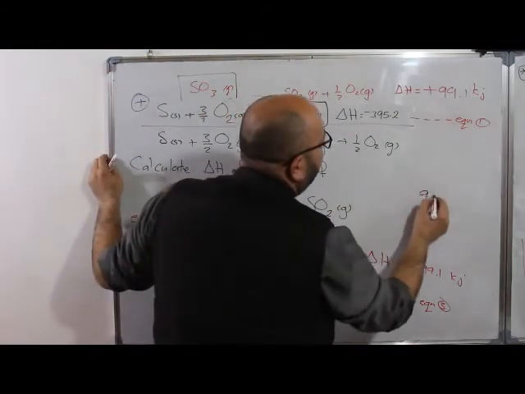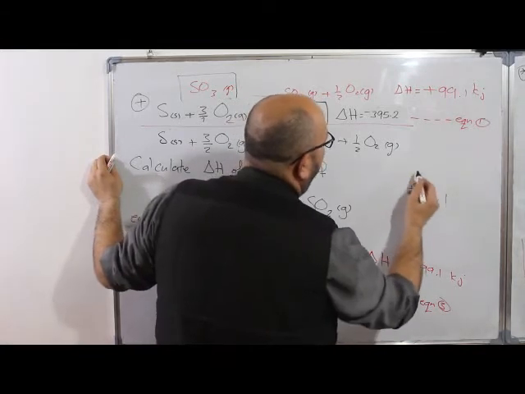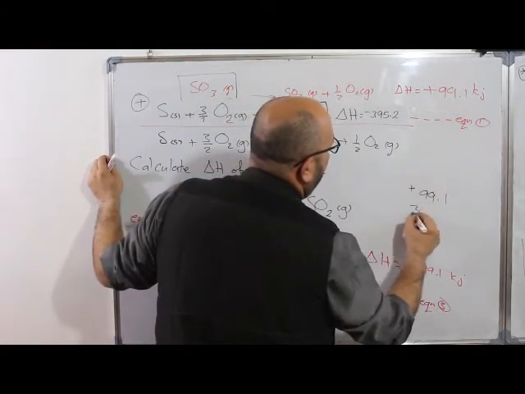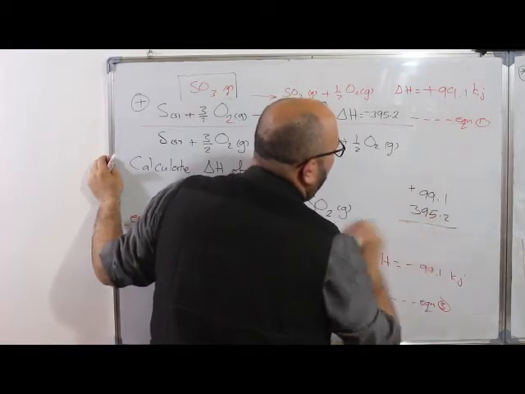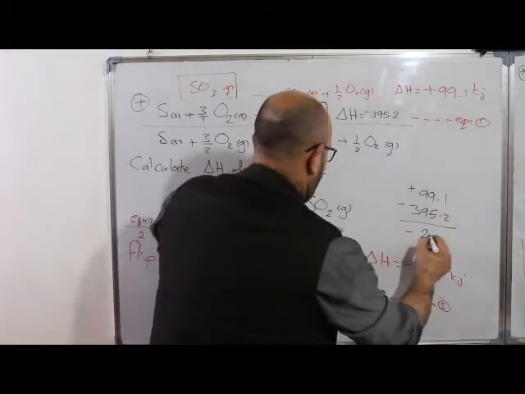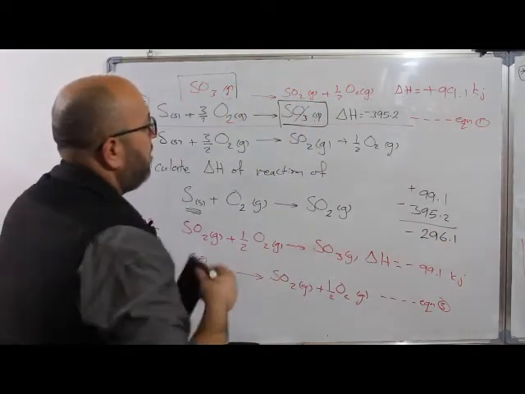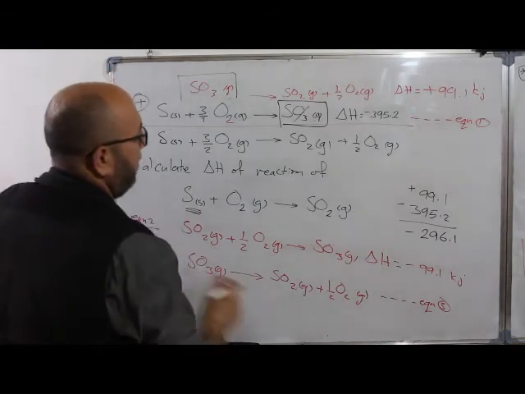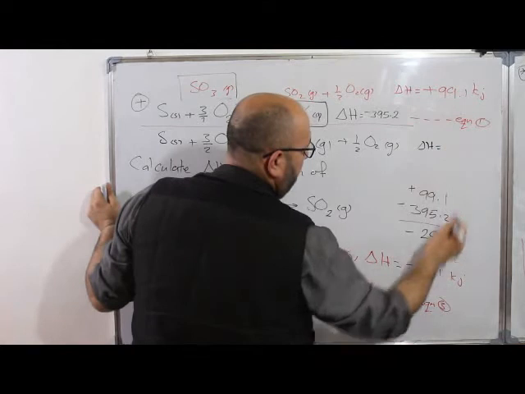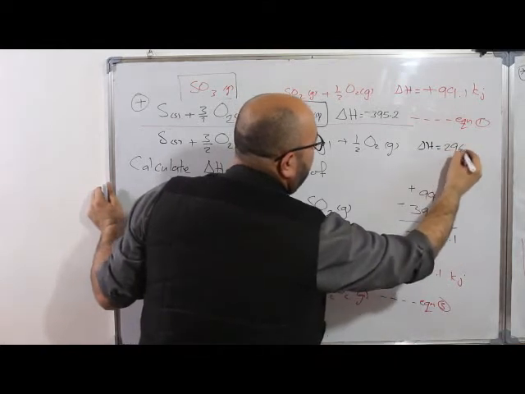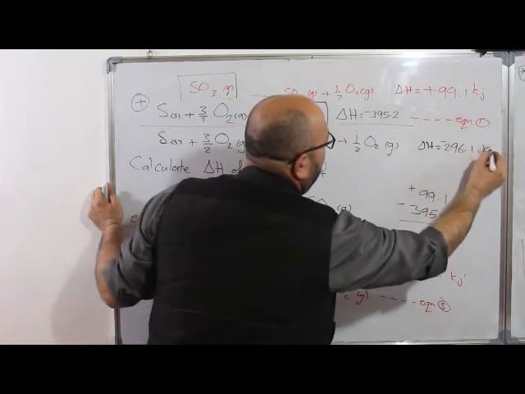So 99.1 in a positive state, and 395.2 negative, 296.1. So keep it in your mind. Here delta H is equal to negative 296.1 joule.